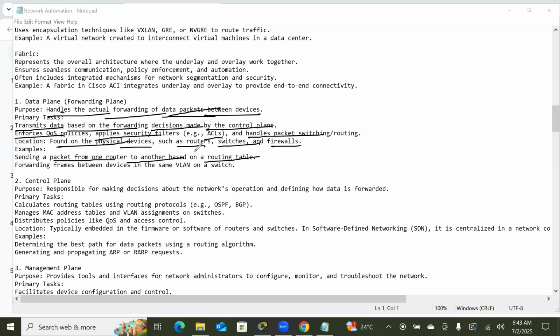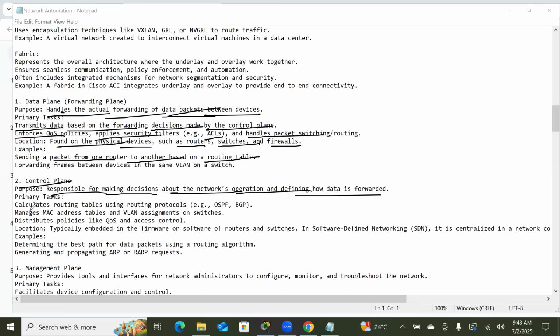And to control all of them, we have one more plane called the control plane. What is its purpose? It is responsible for making decisions about network operation and defining how data is forwarded. Where the data is forwarded is in the data plane, but how they send the data is decided in the control plane.